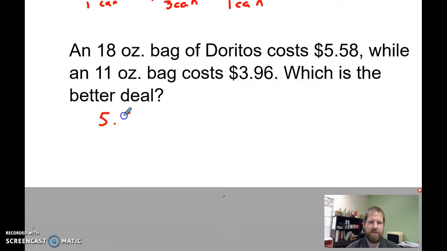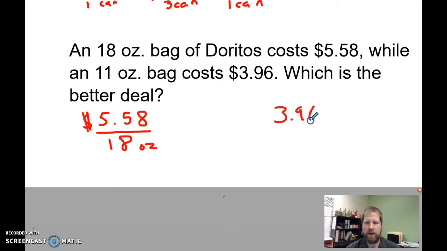So we have 5.58 over 18 ounces. And this is dollars. And then we have 3.96 dollars over 11 ounces.